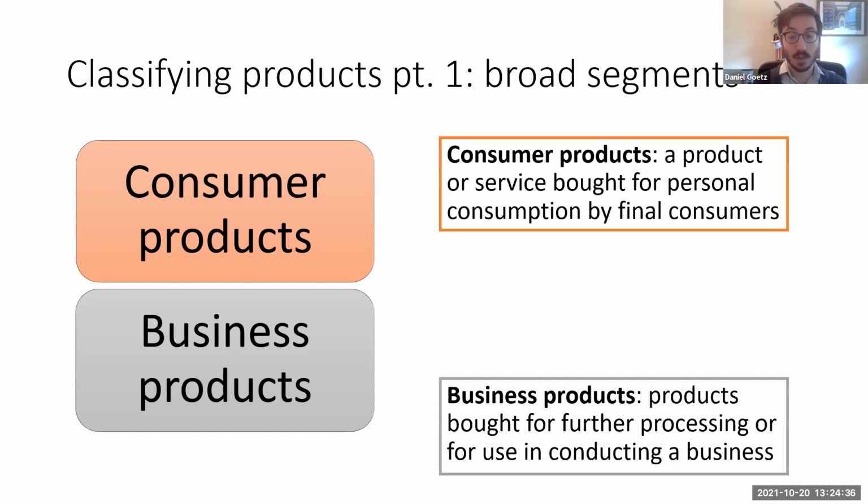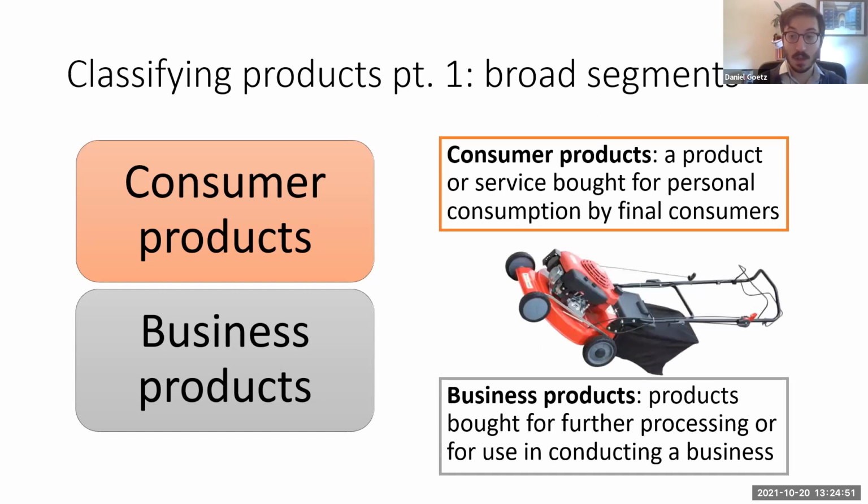Versus business products, these are products that are bought in order to add value for further processing or for use in conducting a business, okay? So can a product be a consumer product and a business product? Of course, it can, depending on who it's sold to, right? So a lawnmower bought by a lawn mowing service will be a business product versus a lawnmower bought by a consumer to mow their own lawn will be a consumer product, okay?